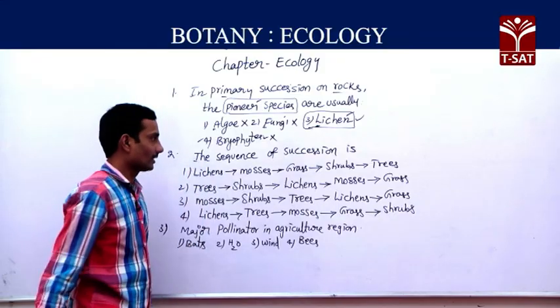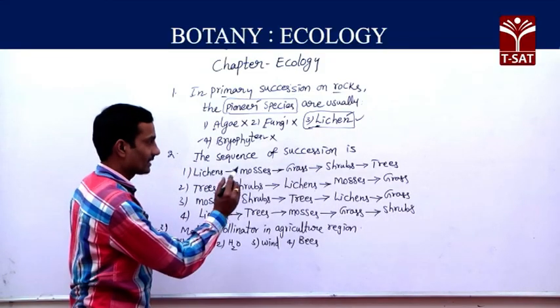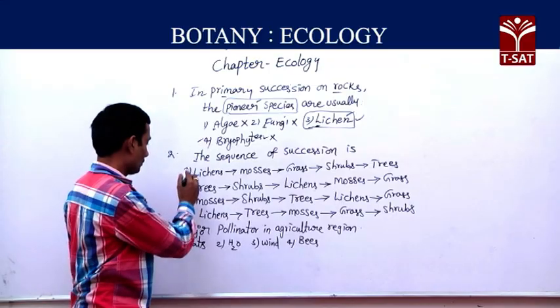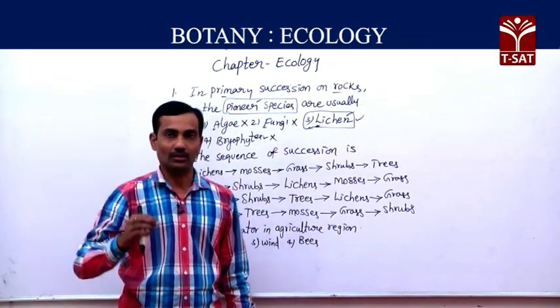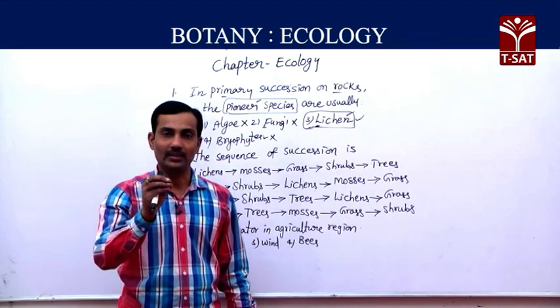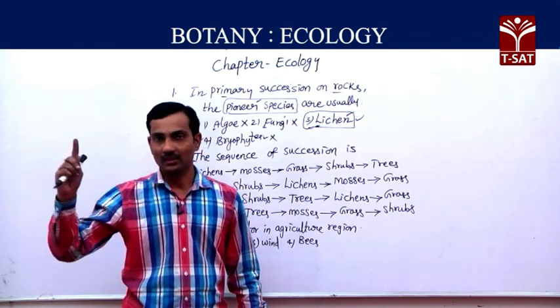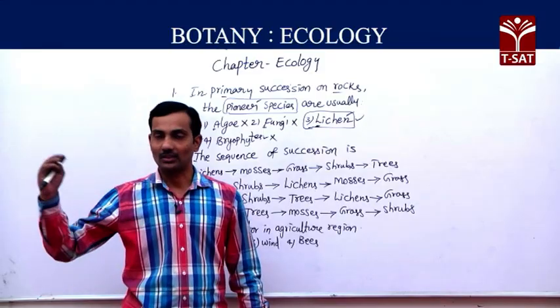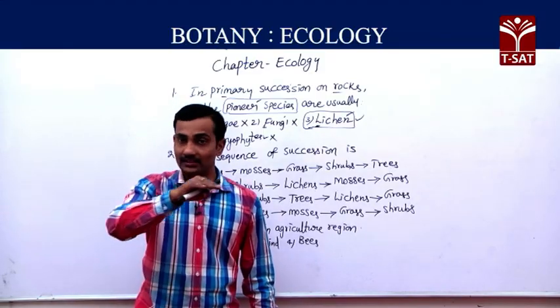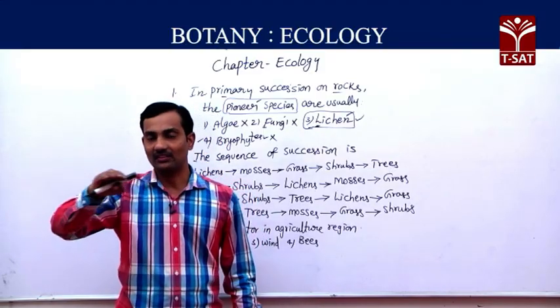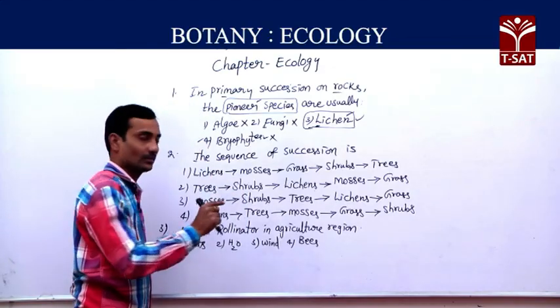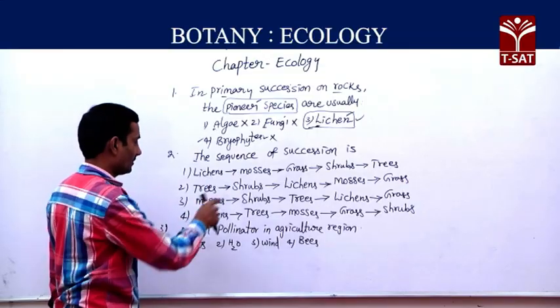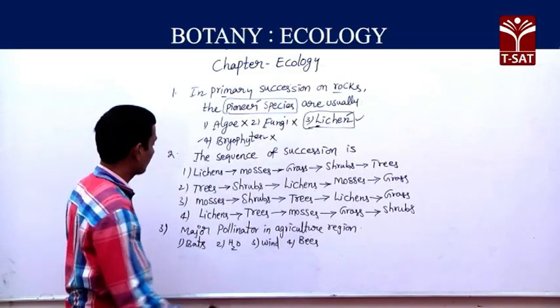Next, the sequence of succession is... Here 4 options are there. We already discussed succession. It begins with the lichen and it ends with the climax community. With several sequential stages, we have to find the correct option among these 4 sequences.